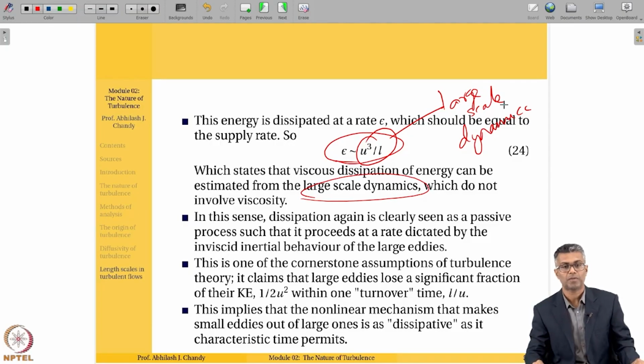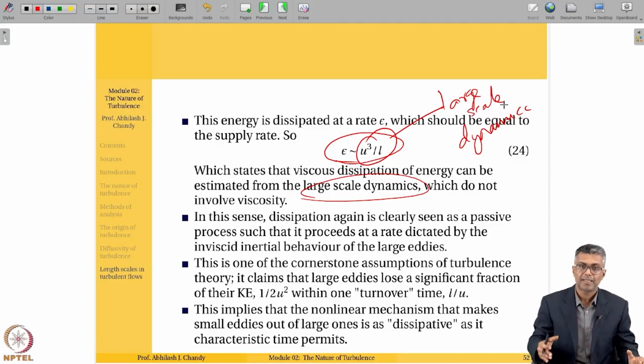As you can see, this does not involve viscosity. We started by saying that anything in the small scale should only depend on two quantities: the dissipation rate and the viscosity.